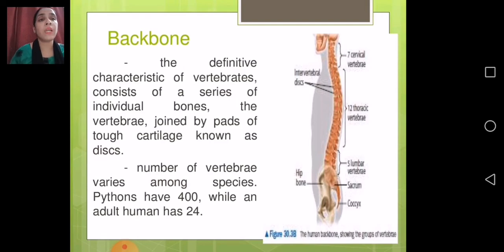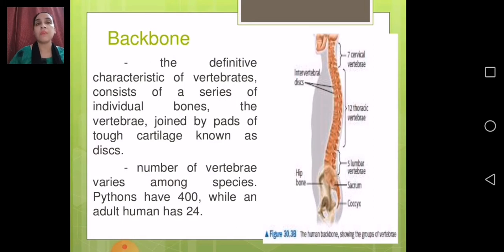Now you can find that there are 12 thoracic vertebrae, then 7 cervical, which are connected just at the back of the neck, then 5 lumbar vertebrae, which are connected to the hip bone, then intervertebral. You are not required to go into the depth of it, but you must know the number of vertebrae which are present in the body.